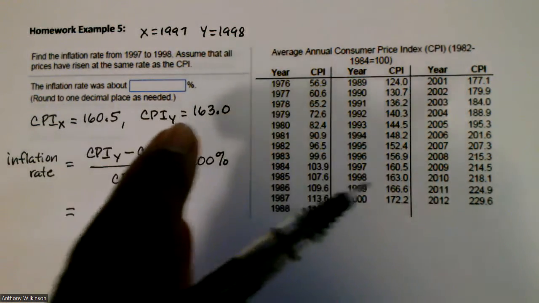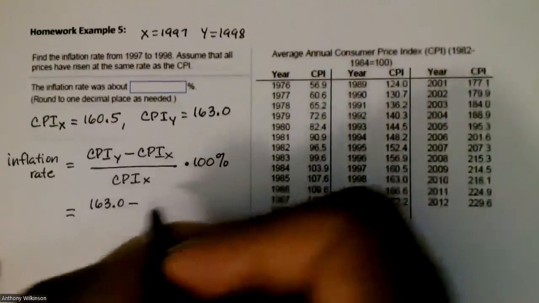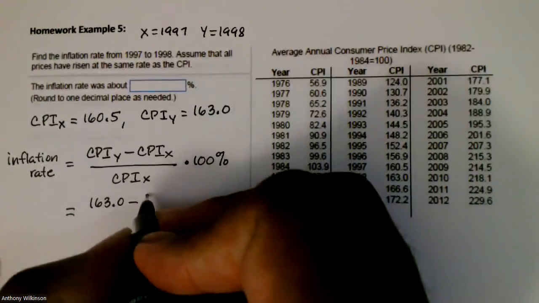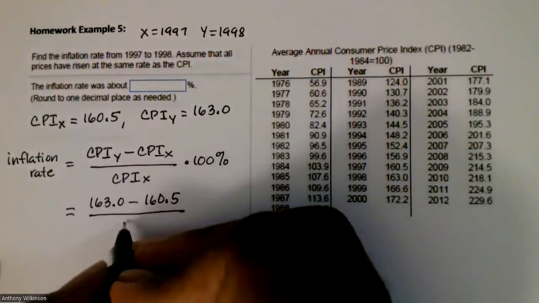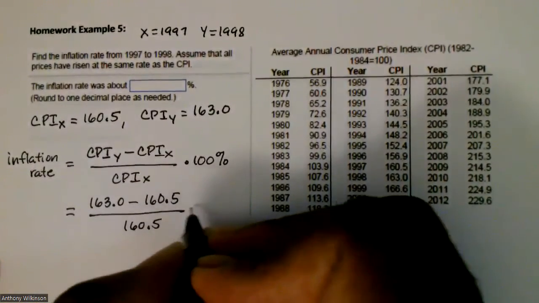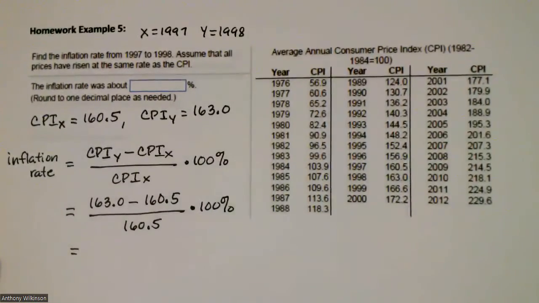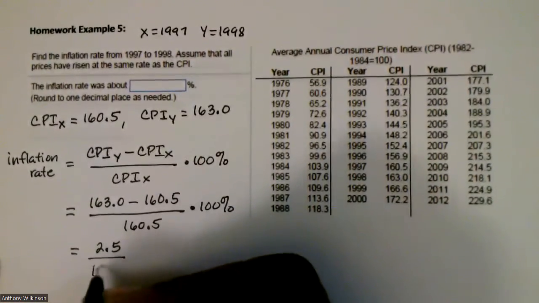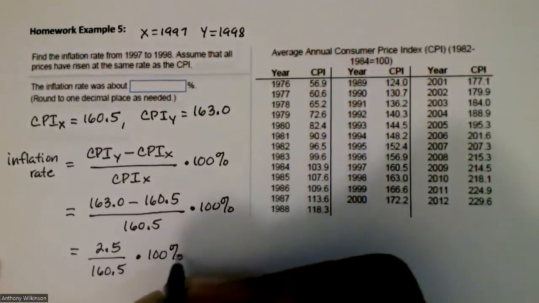The consumer price index for Y is 163.0 minus the consumer price index for X, that was 160.5, divided by the consumer price index for X, again 160.5. And then we're going to multiply by 100%. Let's see, if I subtract 160.5 from 163, I would get 2.5. Divide that by 160.5 times 100%.